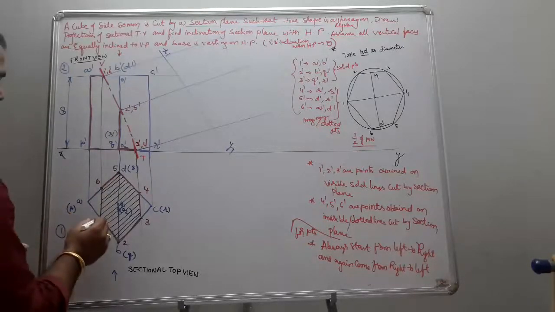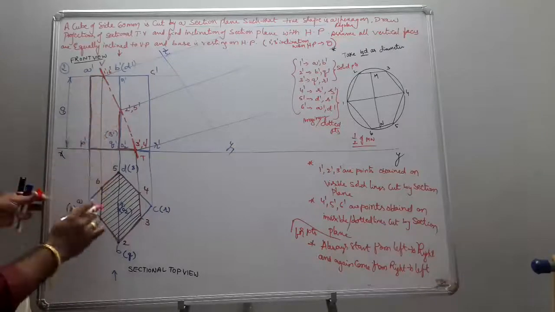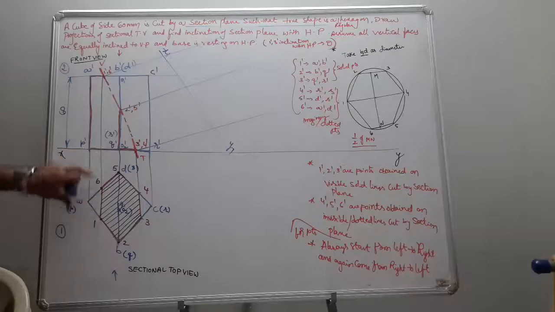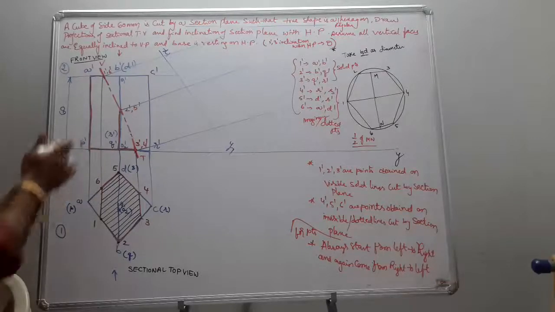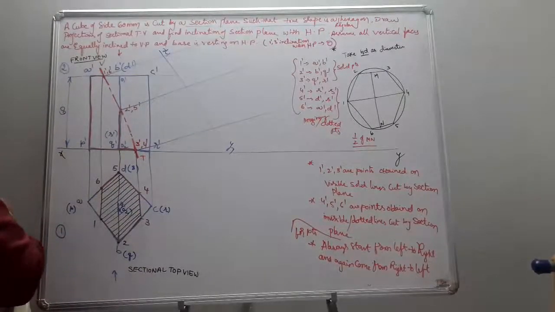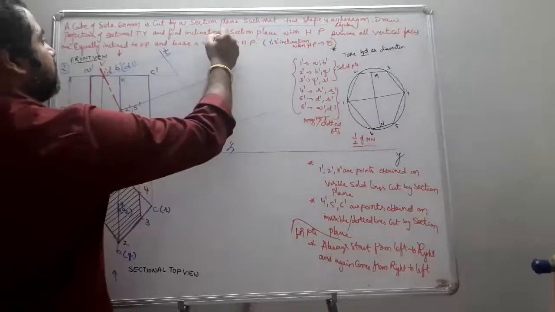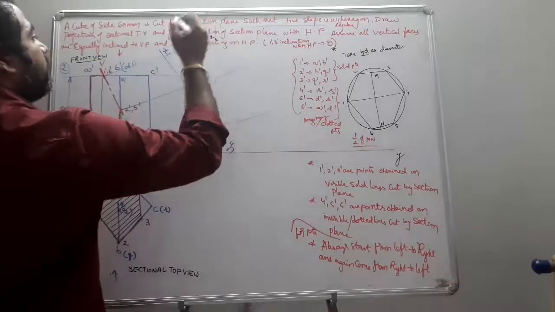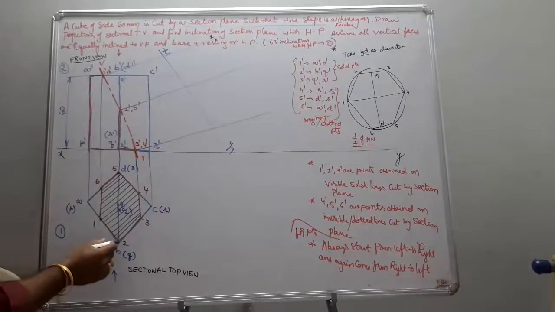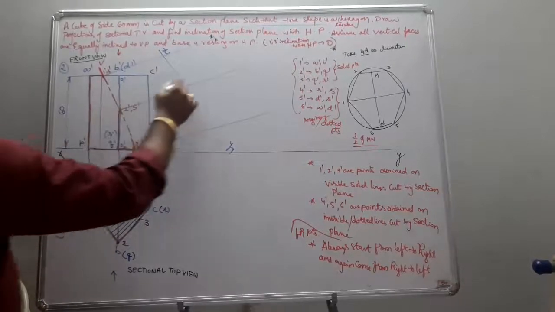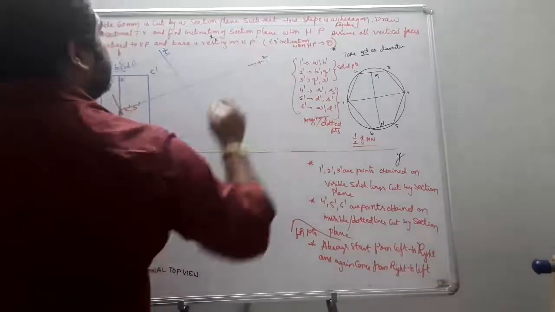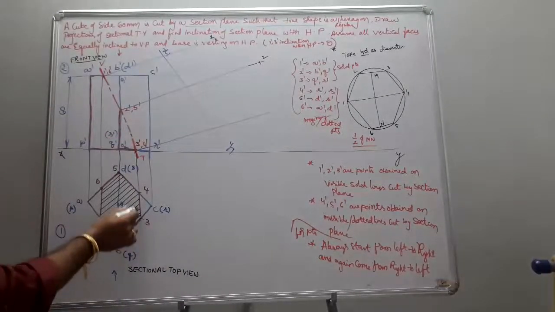On one projector, the distance from point 1 to XY is taken as radius, and you mark this point as point 1. Okay, next, this was point 2. Next, this was point 3.